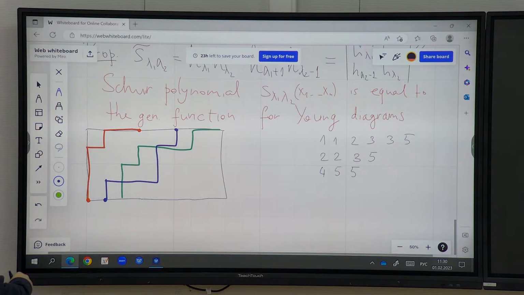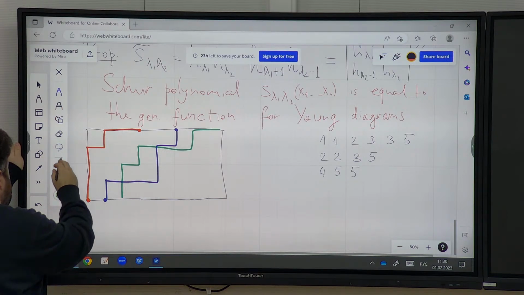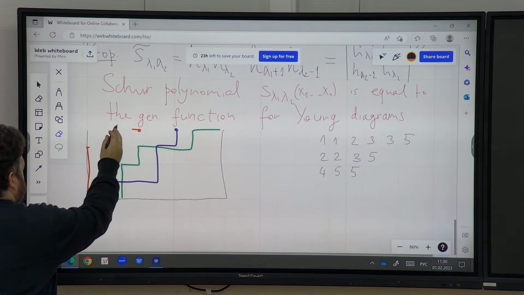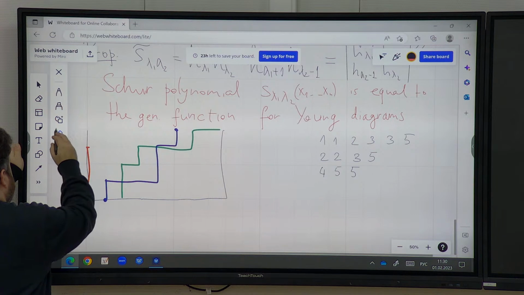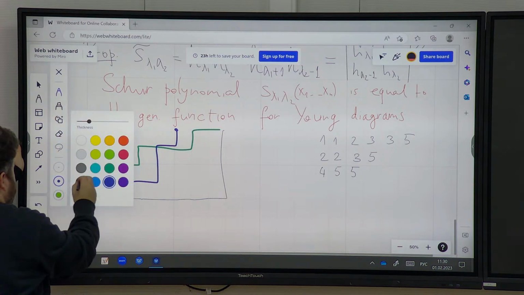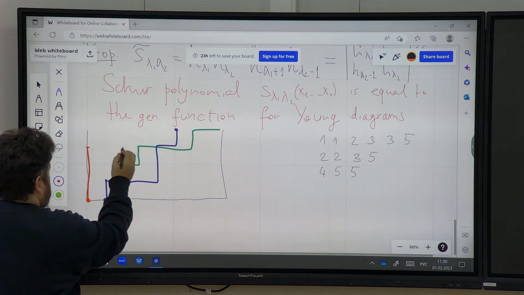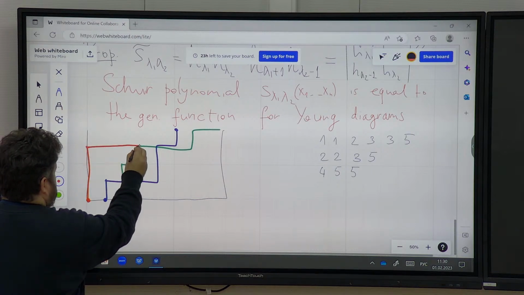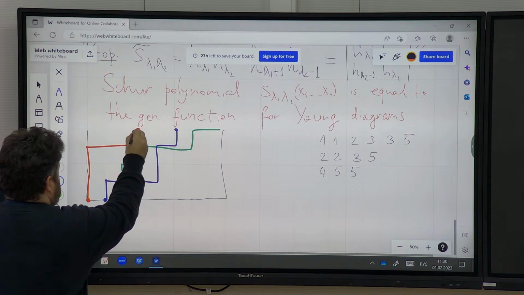Right, and maybe I'll change the red one as well, so to make things even worse. Oops. So here will be the red one. The red one will be, I don't know, like this.